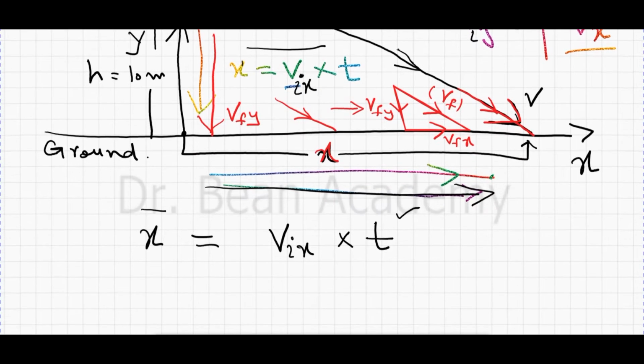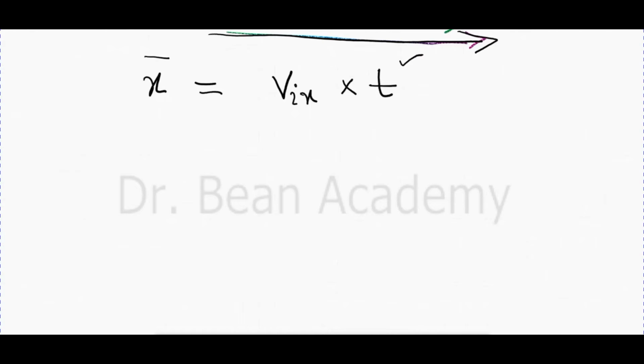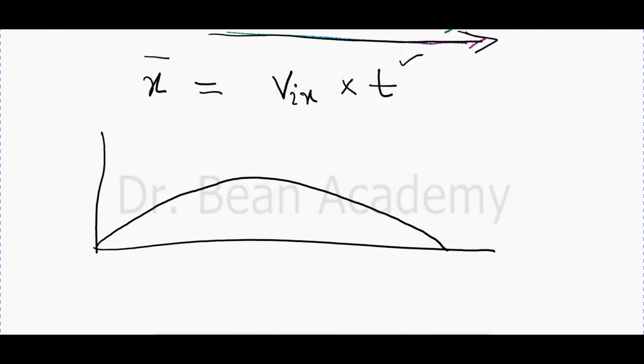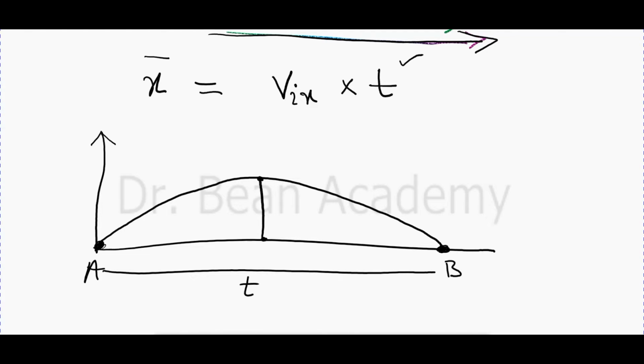I also discussed this fact in projectile motion: whenever a body goes through motion in two dimensions, the time it takes for the body to reach from point A to B is equal to the time to reach the maximum height, suppose t1, plus the time from the maximum height to reach the ground, t2.